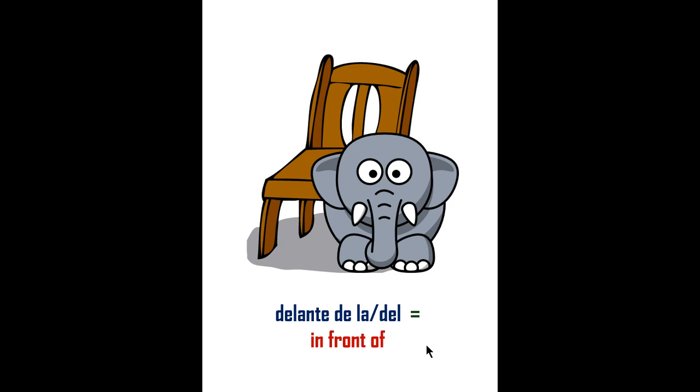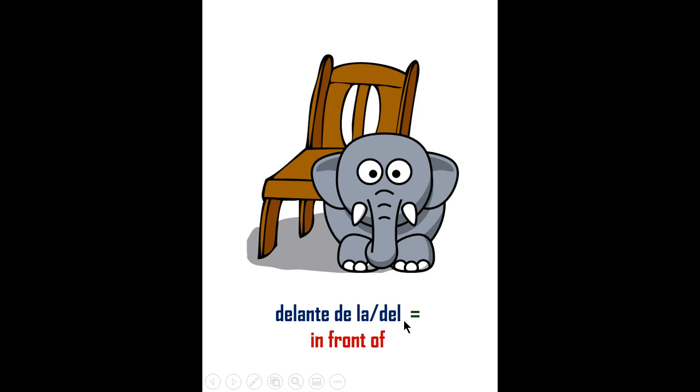To say that something is in front of, once again, delante is the preposition for in front, and then of the. If the noun that follows is feminine, you have to use delante de la. De la. Okay, 3 separate words there.